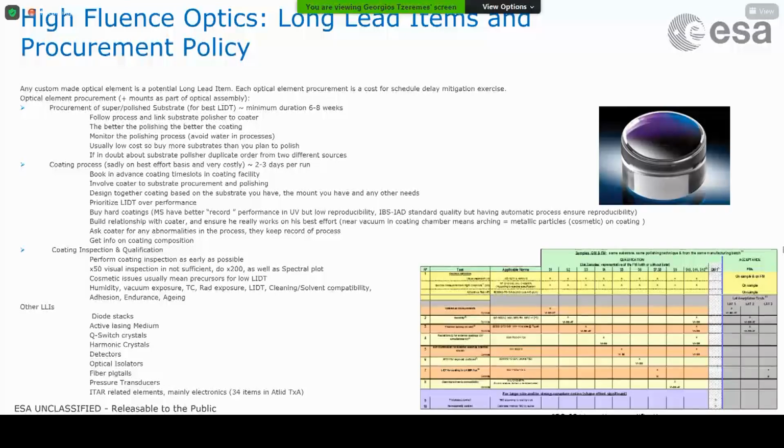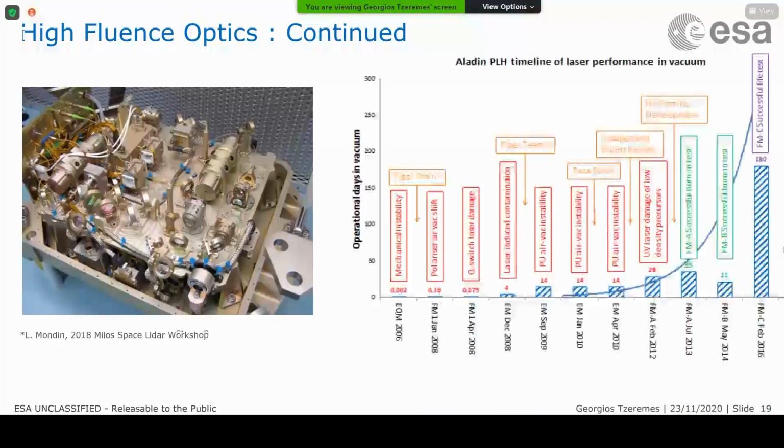For example, for the ALTER-ETSIT, we have 34 instruments which are ITAR related. And to give you how difficult it is to build a space LiDAR, primarily due to optics, you see here the evolution.